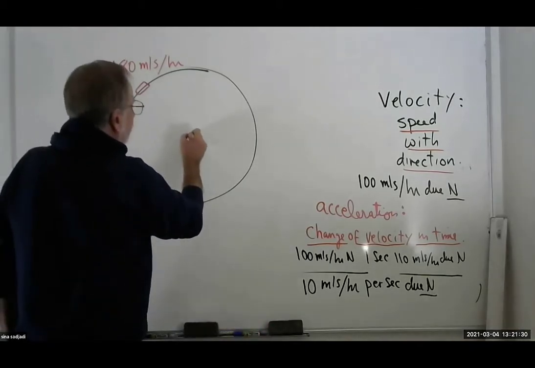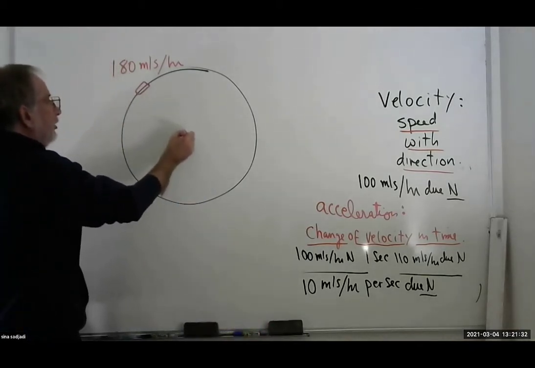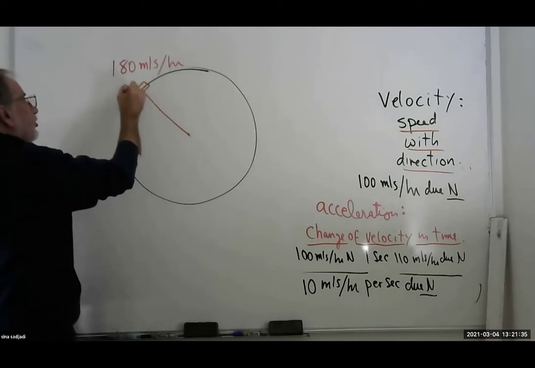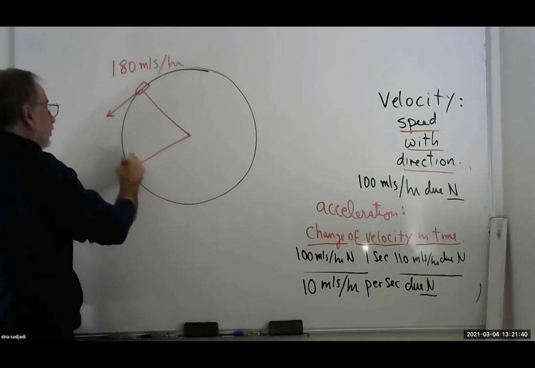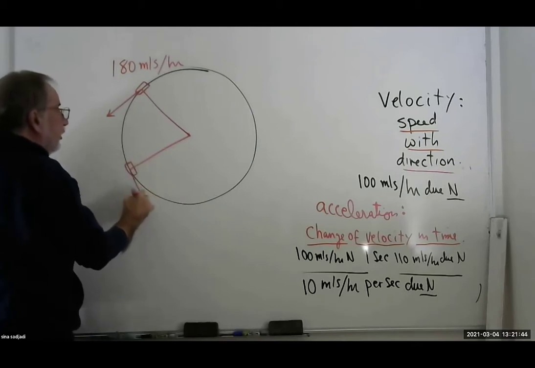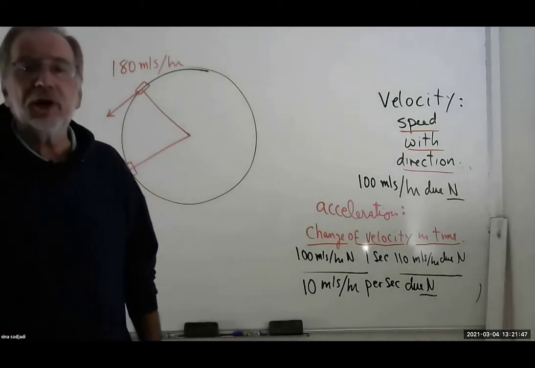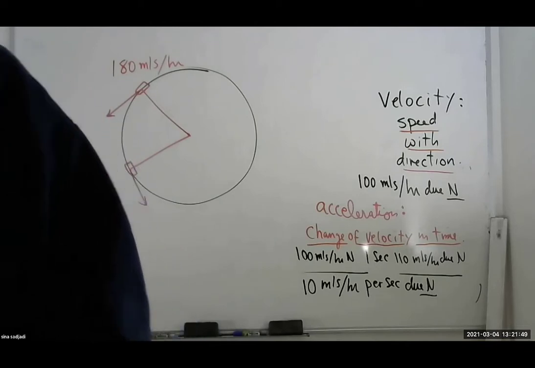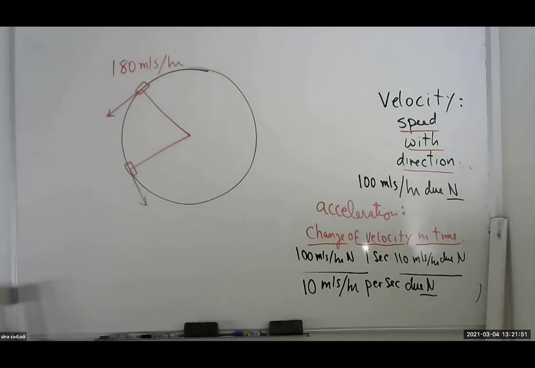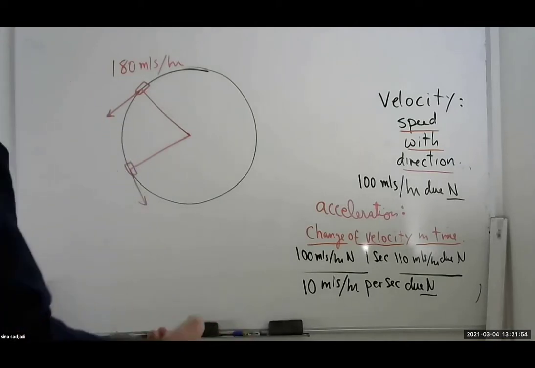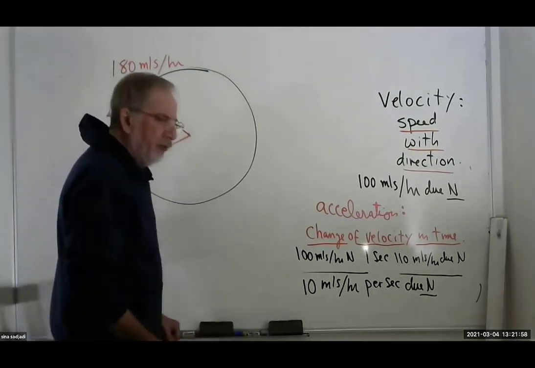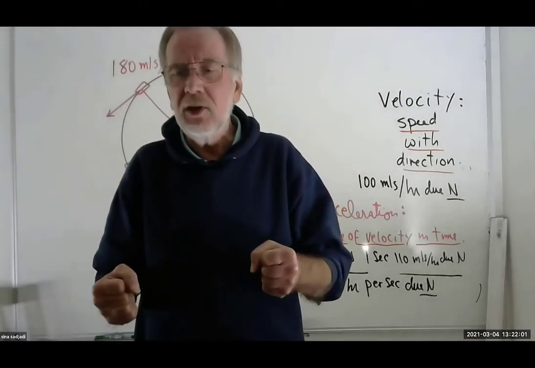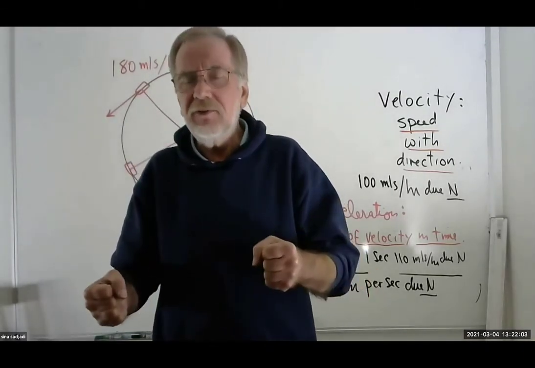So how do you know which direction you're going? When you draw a line from the center of the track to the position of the car, you're going this way now. Later on, you're going this way. So you continuously are changing your direction. Now, this is a force we call centripetal force. I don't want to get into it very deeply, but let me just give you an example. When you enter the freeway and you want to go left, have you ever felt anything?